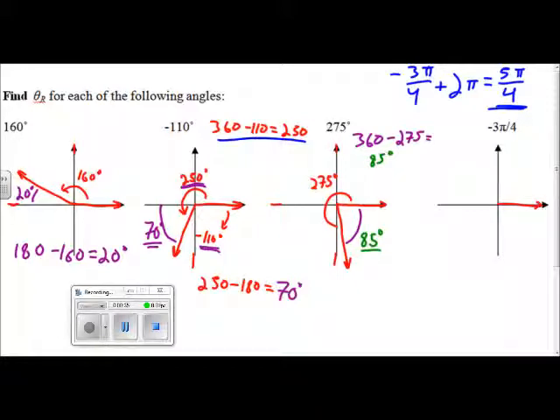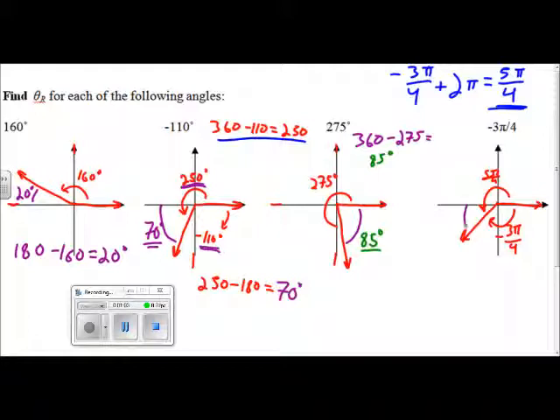Starting from our initial side in standard form all the way over here, this all the way around is our 5 pi over 4. If we went this way around, this is our negative 3 pi over 4. They're the same exact angle. Either way works. We just need to find now what the reference angle is.